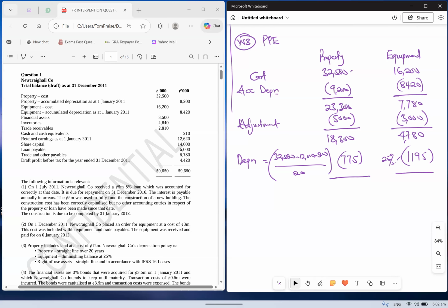So what will be our carrying amount? With the property, we are taking the 775 from the 3,000. 18,300. You meant if you are lessing it from five? We are lessing it from this one, right?